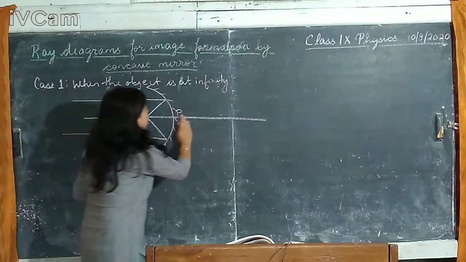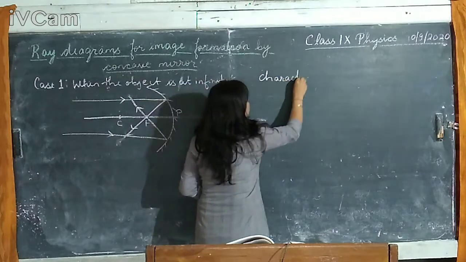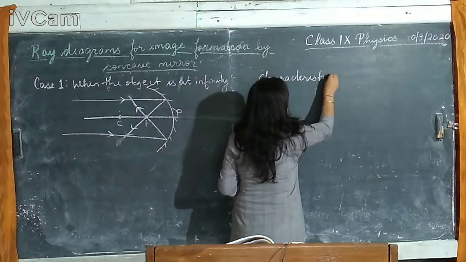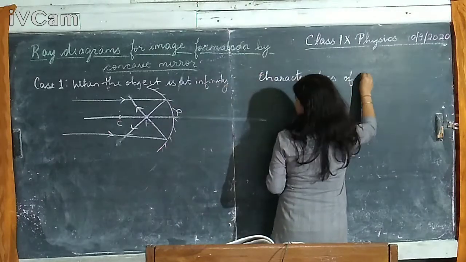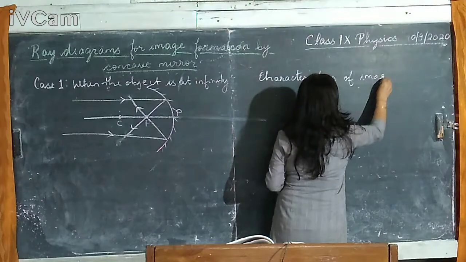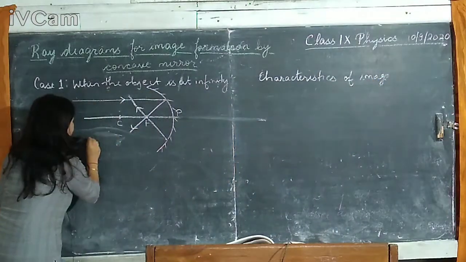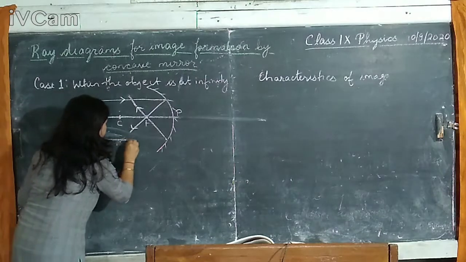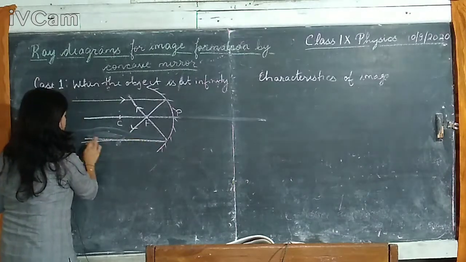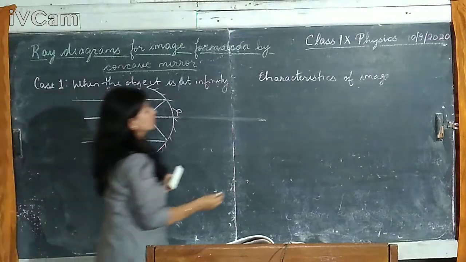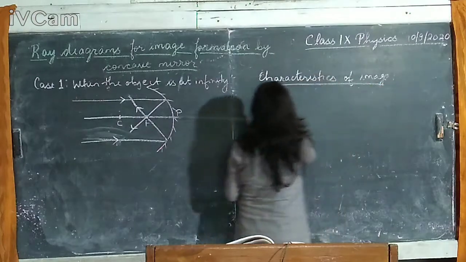So what are the characteristics of the image here? Characteristics of the image when the object is at infinity.